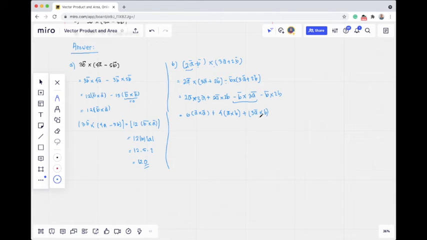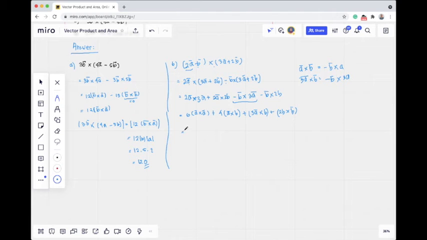Why? Because if I have minus b cross a, it can be written as a cross b. So if I have minus b cross 3a, then I can write it as 3a cross b. This one also plus 2b cross b.